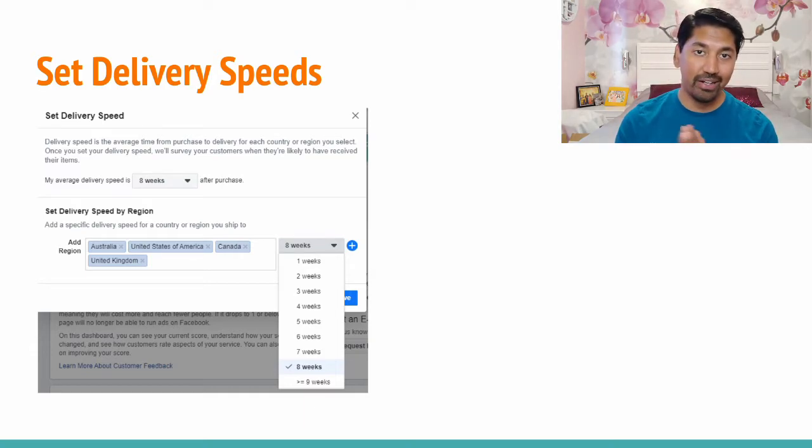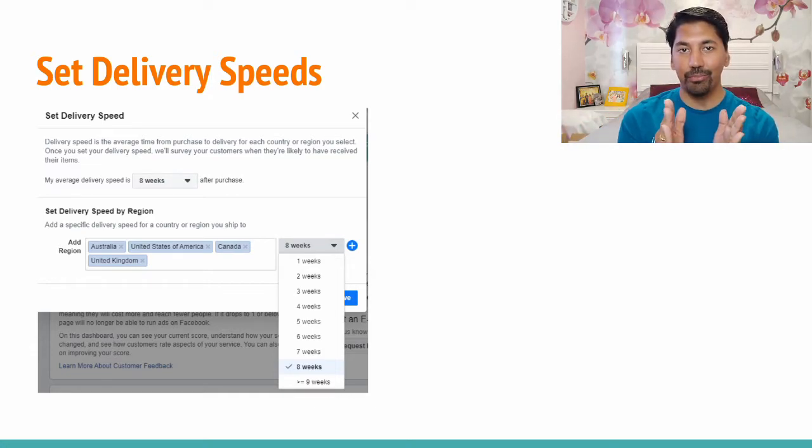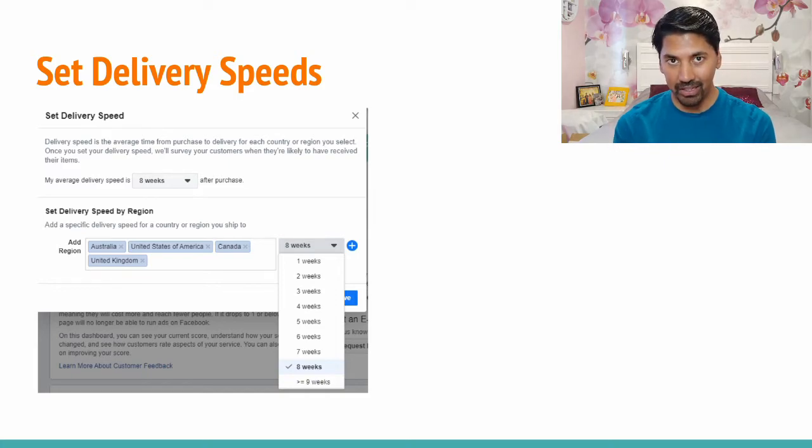Oftentimes customers are not getting their merchandise for 3 weeks, 4 weeks, 6 weeks. And that is definitely frustrating for many customers, right? So if in that time frame when they have not even received the product, Facebook asks them for their feedback, you can bet it will be negative because they have waited 3 to 4 weeks and still not received a product, right?